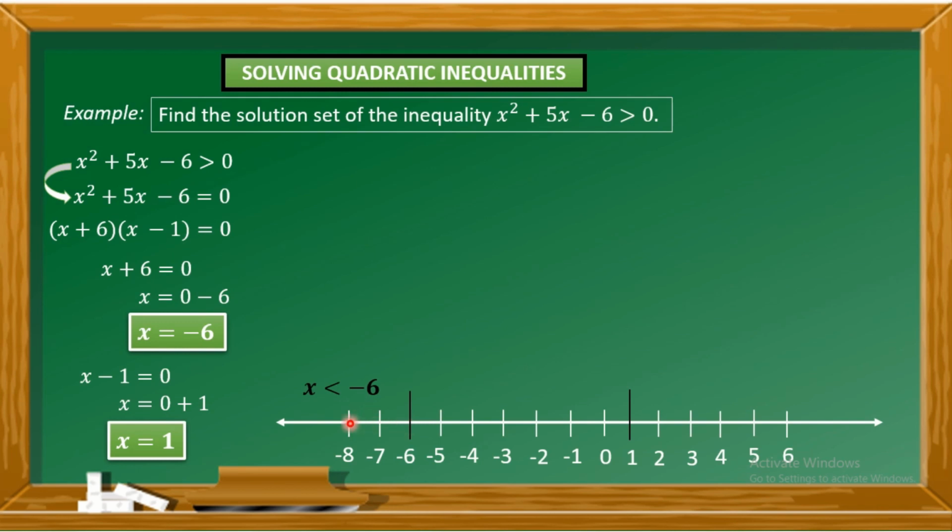Then the middle part is the numbers in between negative 6 and positive 1, like 0, negative 1, negative 2, negative 3. To represent that, we can say that negative 6 is less than x, but x is less than 1. And then the last part is greater than 1, so x is greater than 1.